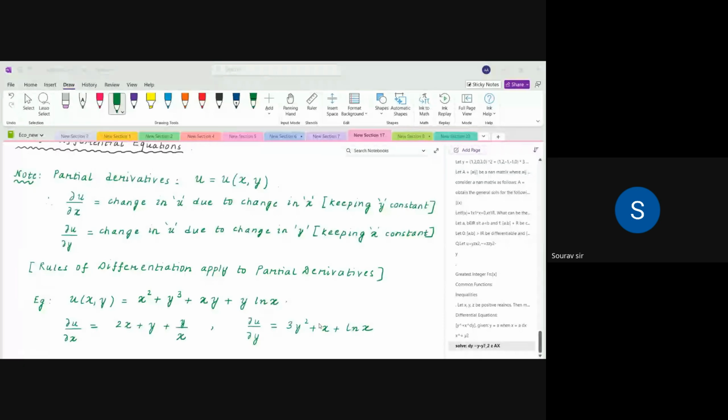Okay. And this logic is what you extend if you have more than two variables as well. If you have, for example, x, y, z, then there can be three possible partial derivatives. And in each case, the partial derivative with respect to x will be computed by considering y and z as constant and so on.